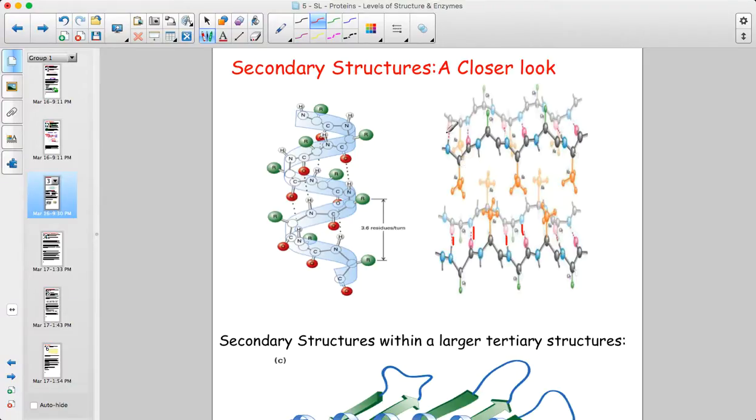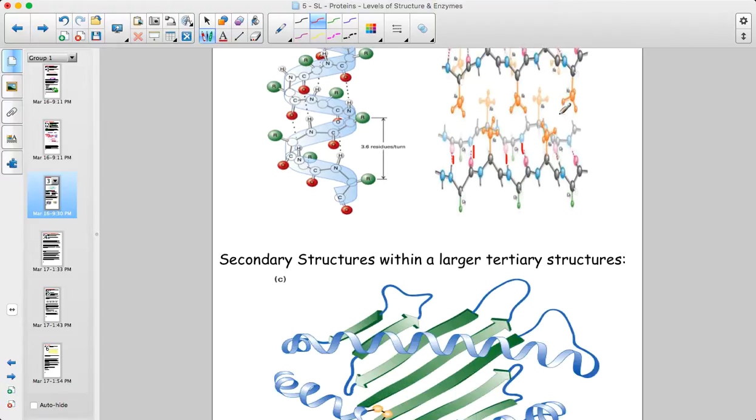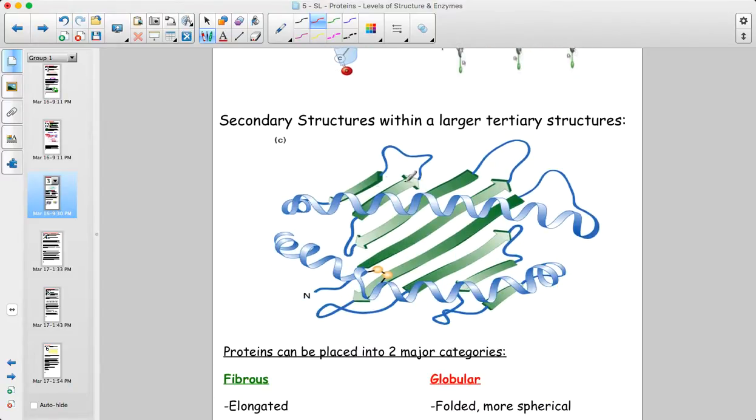Whereas beta pleated sheets, those sections of the chain don't actually have to be right next to each other, as you can kind of see in this diagram. So the coils are the alpha helices, but the sheets, right? So it's this part of a chain, and then there might be a whole bunch of chain that's not involved in the sheet, and then you've got this part of the chain here, and so together these are forming the beta pleated sheet.